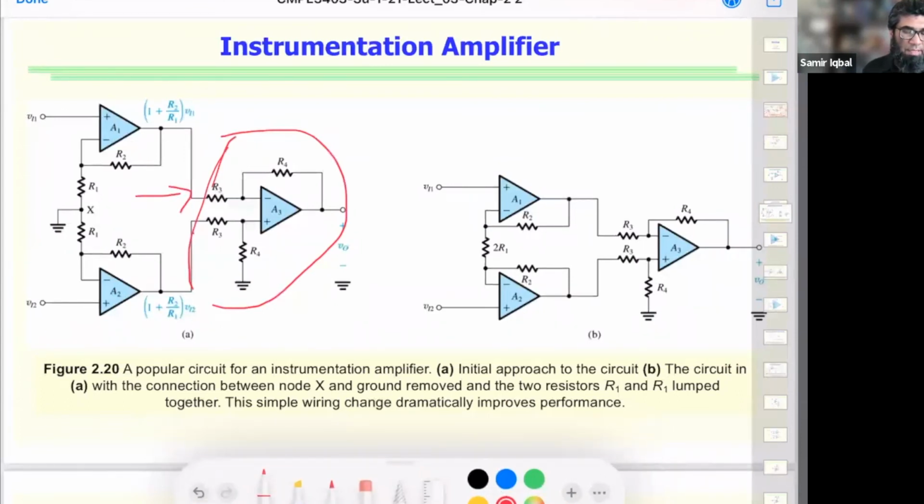The first stage does the bulk of the gain. The second stage is differencing between the signals and rejecting the common mode signals. This is what we call cascade amplification. A1 and A2 are just voltage followers, and A3 is being used as a difference amplifier.